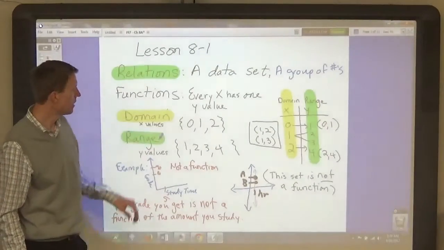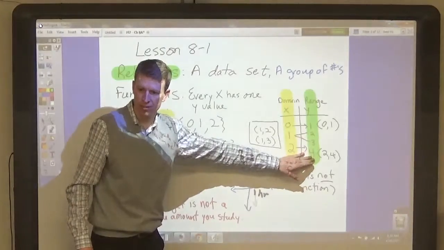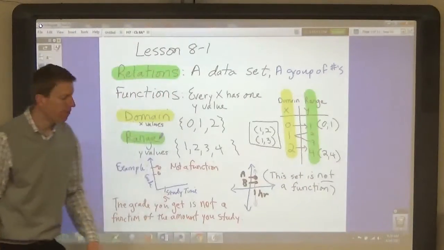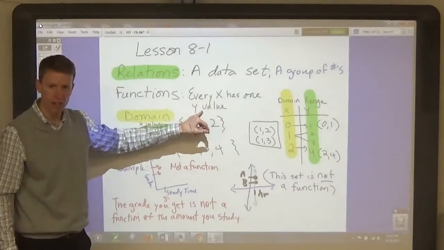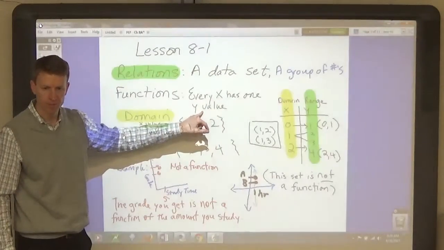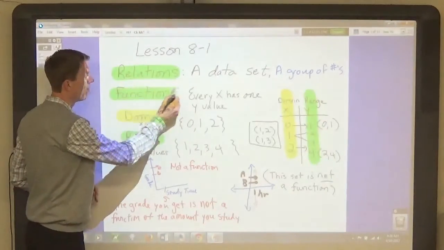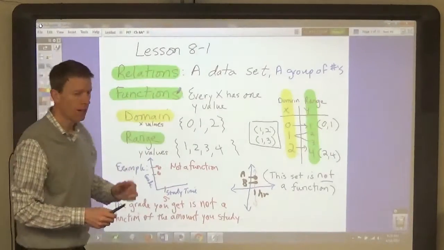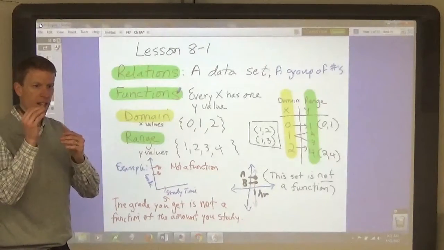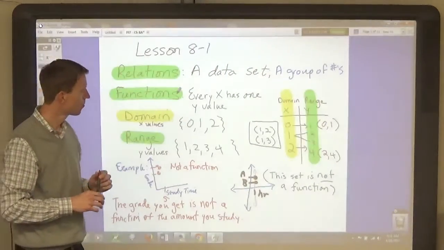Now, this data set is not a function. Now, a function is when every x value has only one y value. Functions are sets of data where an x value has only one y value. Okay?